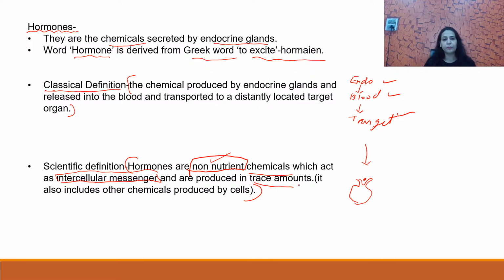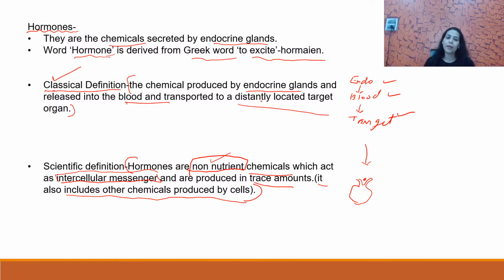Now, it also includes the other chemicals produced by cells. Not only the hormones, but there is a large variety of other chemicals that do not fit into the classical definition. As per the classical definition, it should be produced by endocrine glands and released in the blood to a distantly located area. But the modern scientific definition is a little different.